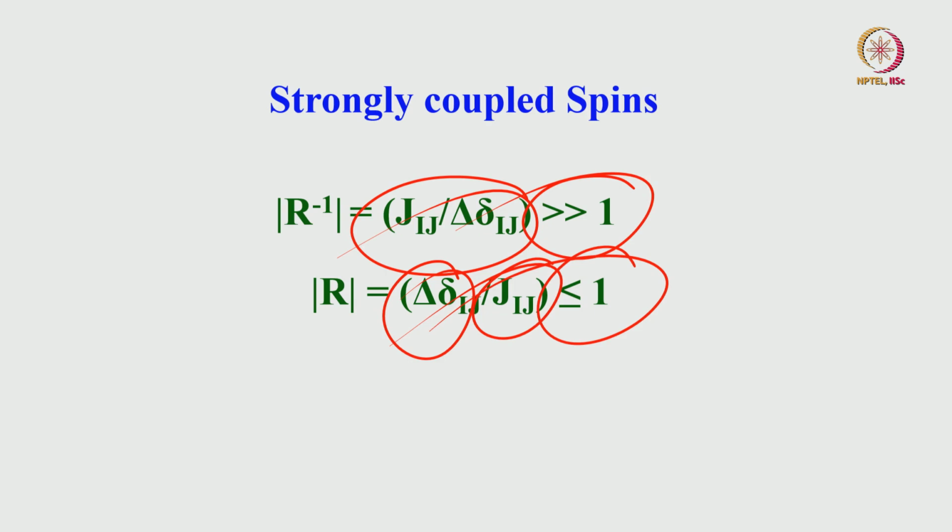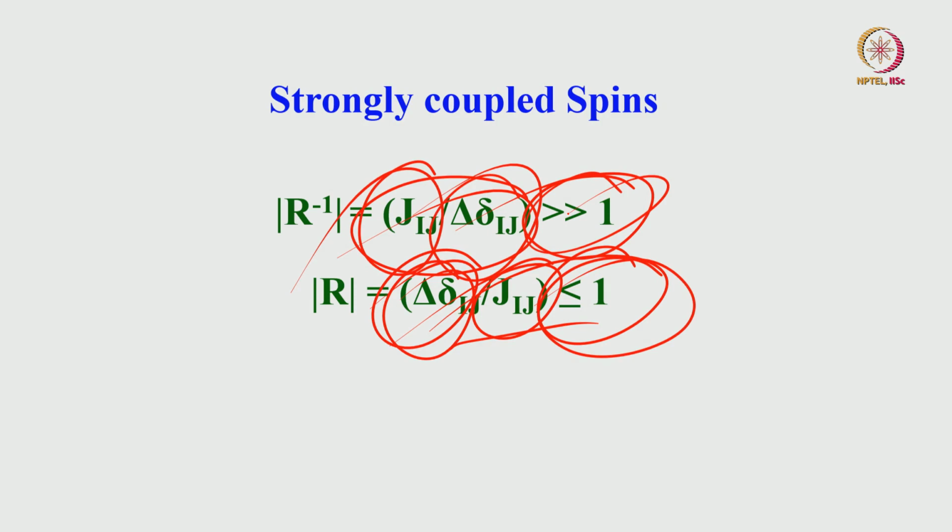Take the chemical shift difference between 2 coupled spins and the coupling constant, and take the ratio of the chemical shift difference over the J coupling. If that ratio is very much smaller than 1, then they are strongly coupled. Of course, you can take the other way, measure the coupling and divide by the chemical shift difference, and it should be larger than 1. This is the condition for the nuclear spins to be strongly coupled.